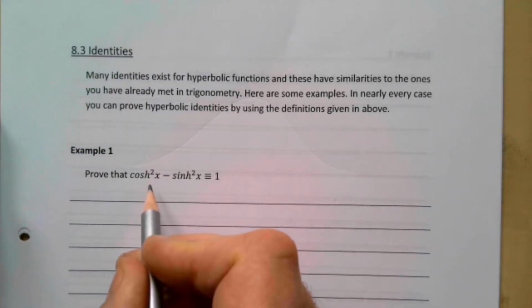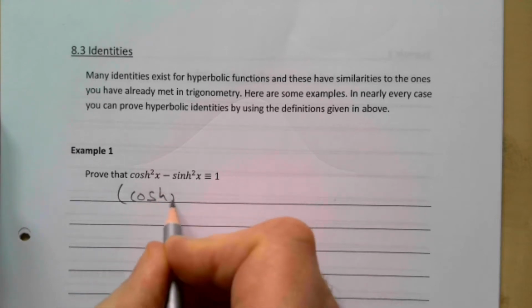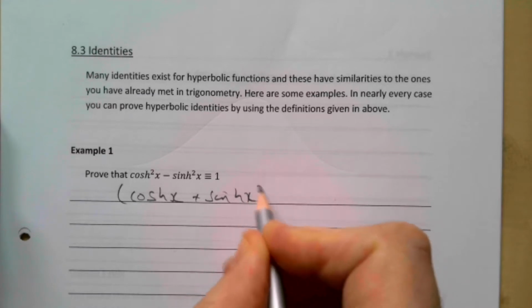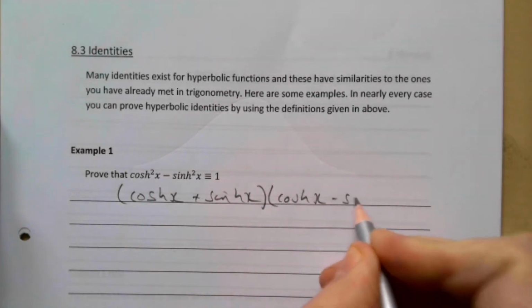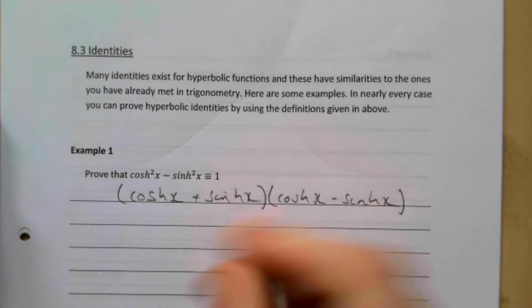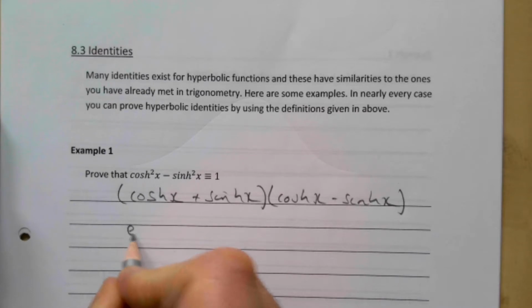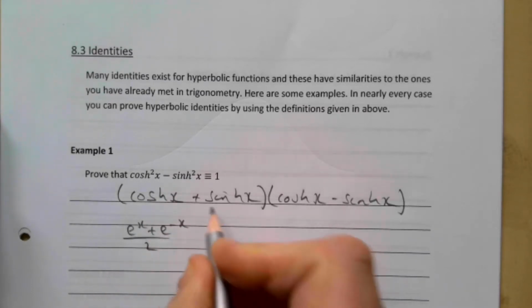I'm going to set this one up as a difference of two squares. So that's going to give me cosh x plus sinh x, upon cosh x minus sinh x. So what is cosh x? We know cosh x is e to the x plus e to the minus x over 2.